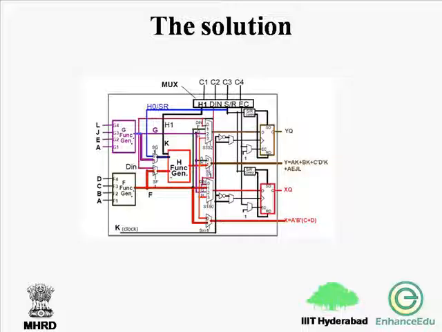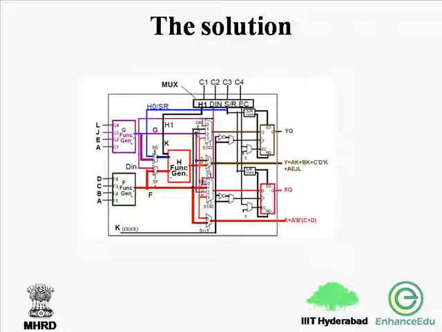So the input A is given to both the LUTs, right? The K is given through this C1 input.